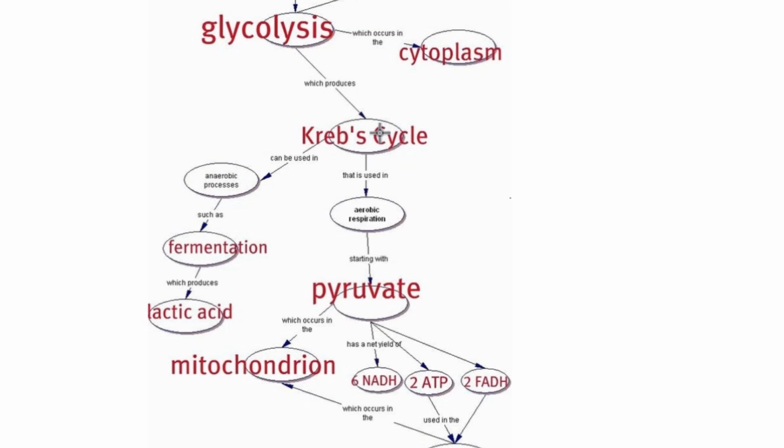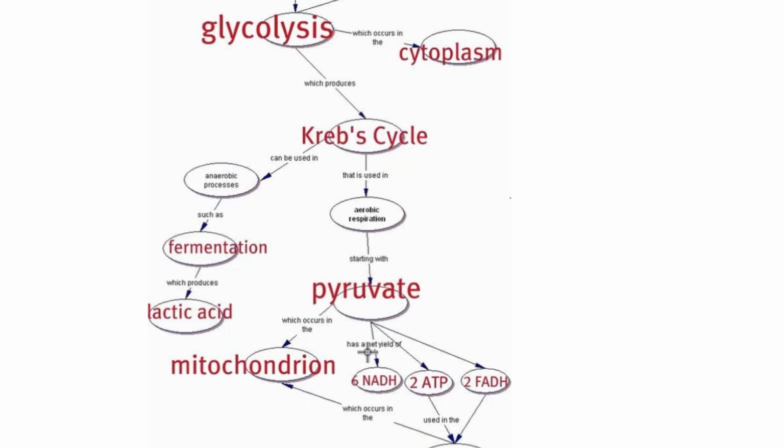The Krebs cycle is used in aerobic respiration, starting with pyruvate, and remember that comes from glycolysis when the glucose is broken down into 3-carbon sugar compounds, and ultimately one will end up initiating the Krebs cycle. Now the Krebs cycle occurs in the mitochondria, not the cytoplasm.